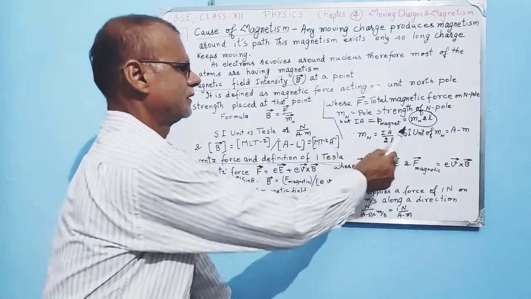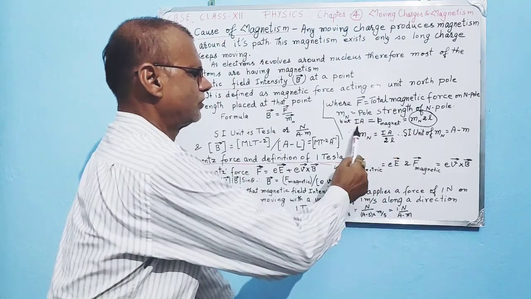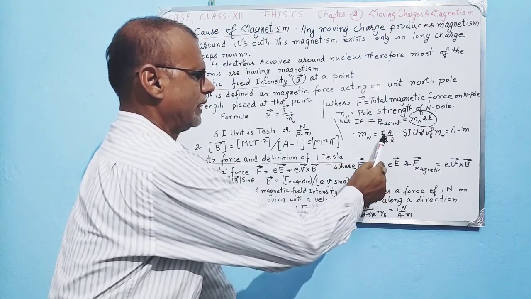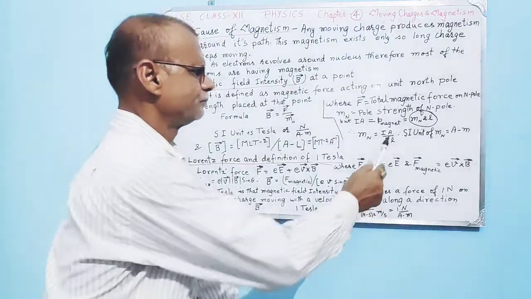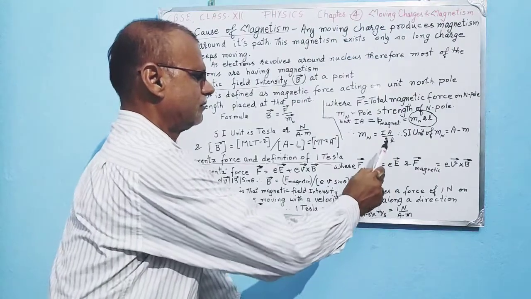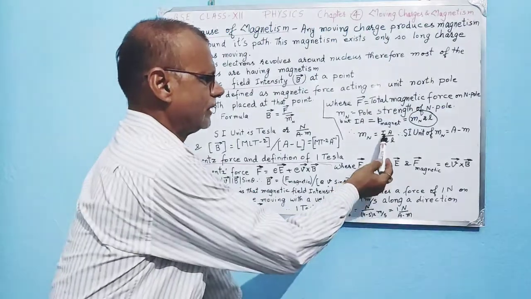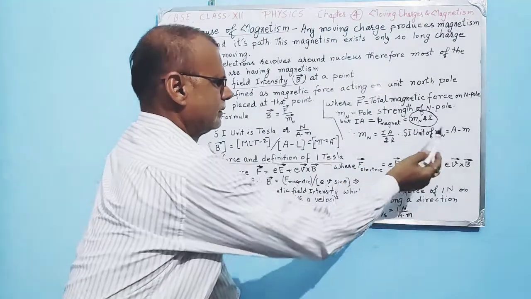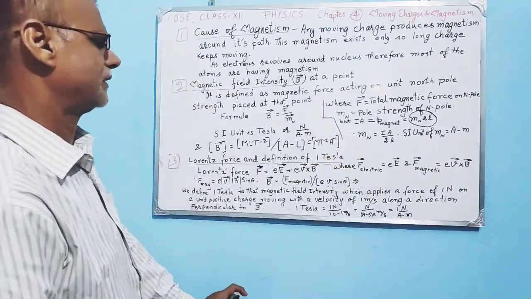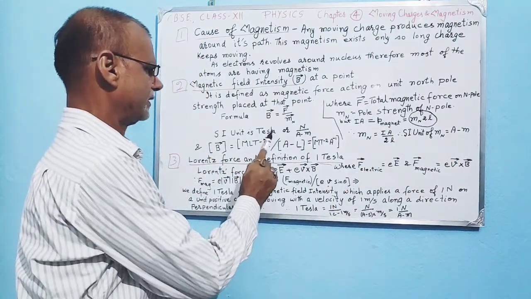So on equating, magnetic dipole moment equal to m into 2L is also equal to I A. From that we have m is equal to I A by 2L, and I is in ampere, A is cross sectional area, so it is in meter square, divided by meter. So one meter in the numerator is cancelled by one meter in the denominator. We are left with I for ampere, and for A by L we have meter. That means the SI unit of pole strength is ampere meter.